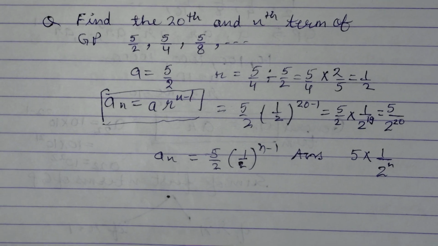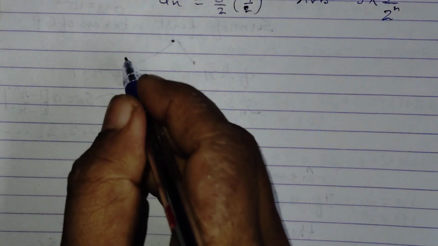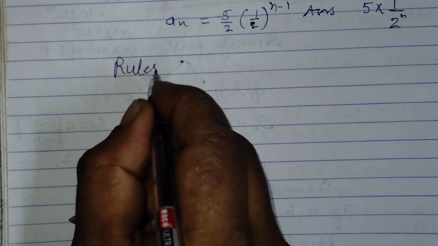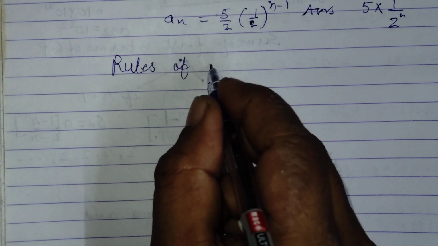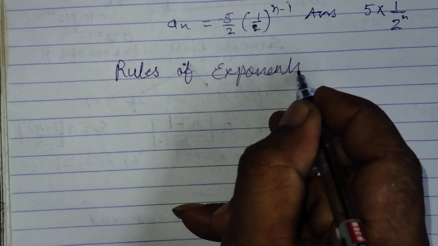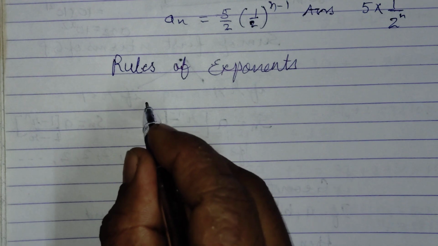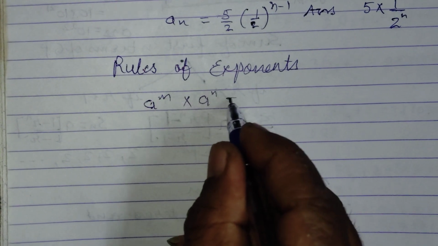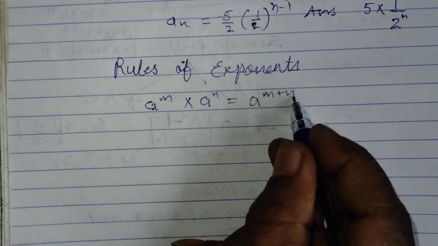So here are some rules of exponents that we have to learn. These are small 8th class problems. A power m into a power n can be written as a power m plus n.